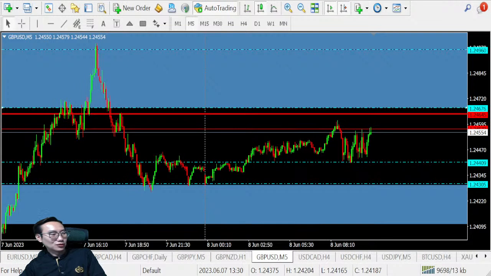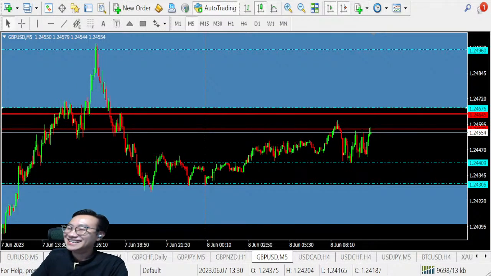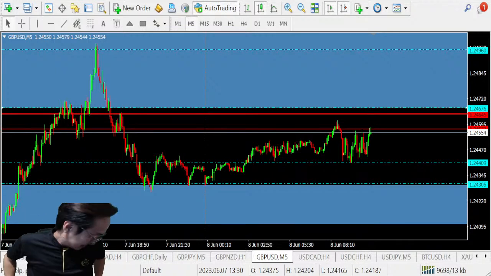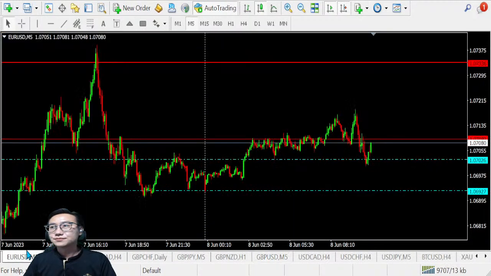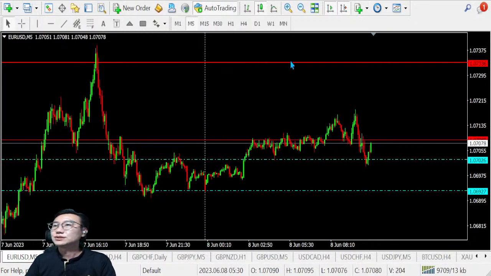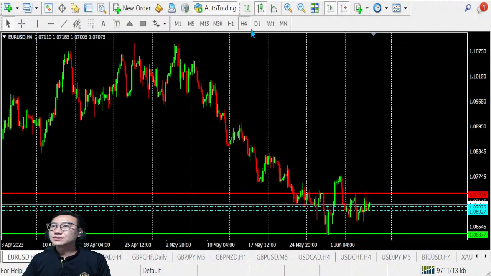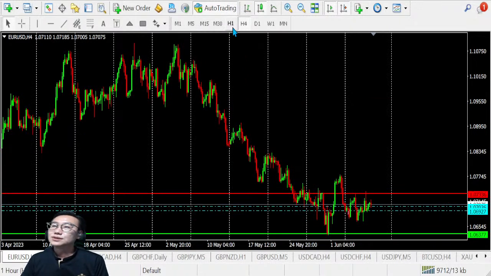Okay, looks like I'm going to turn off my TradingView. Well, do you think the euro dollar could go up? Let's take a look. Generally, in the general trend over here, it should be on the selling.